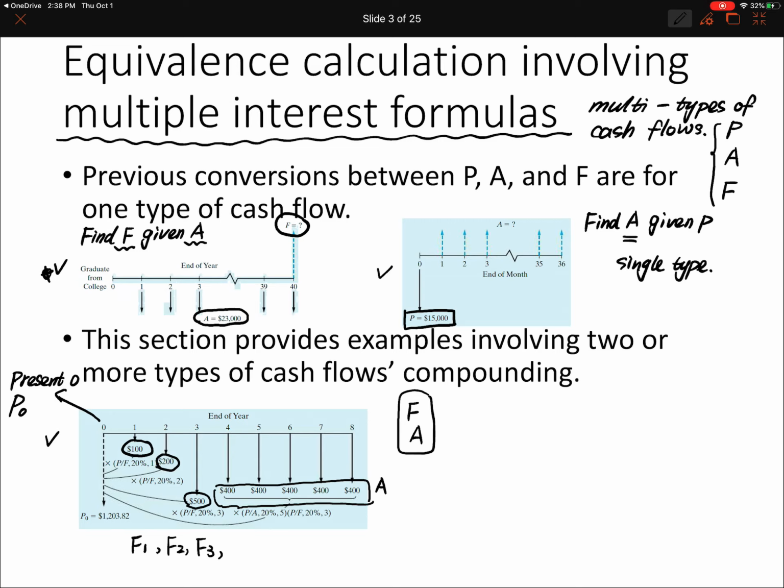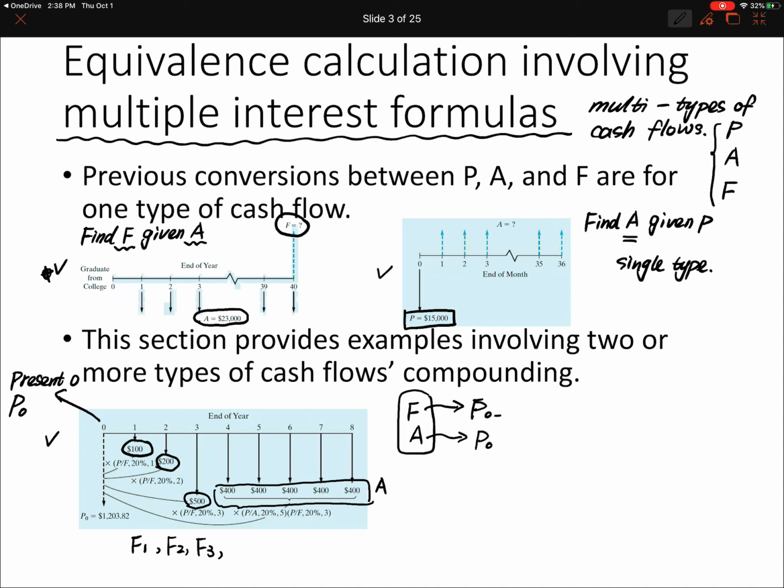So for this problem, we need to find a way to convert different types of cash flow to some single type of cash flow. We can convert the F to some present value at time 0. We can also convert the annuity to some present value.